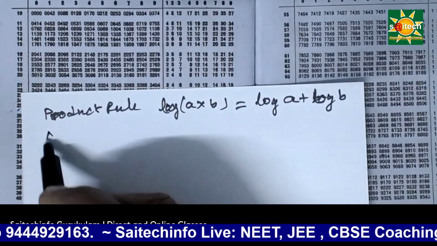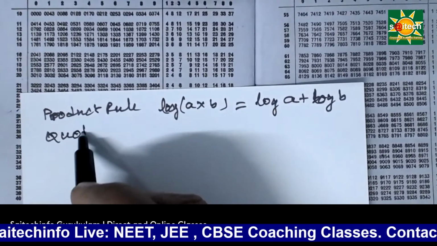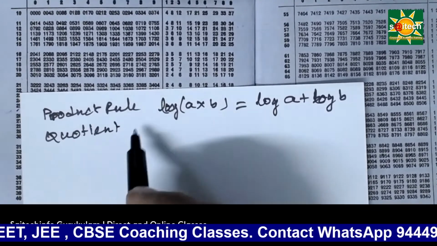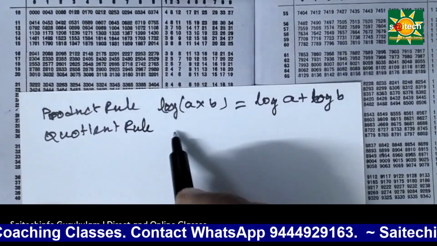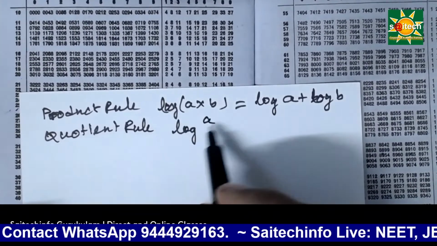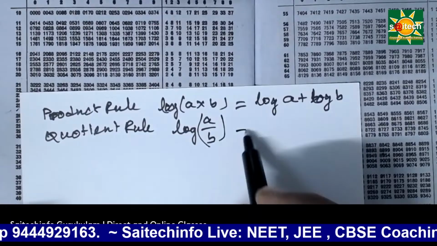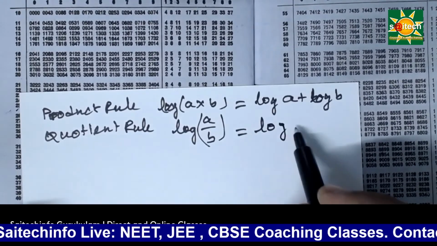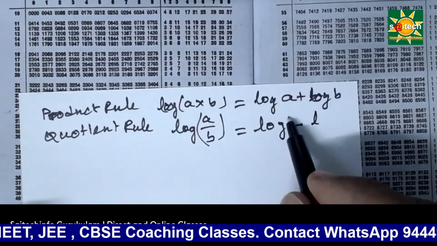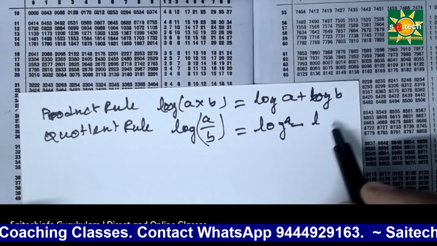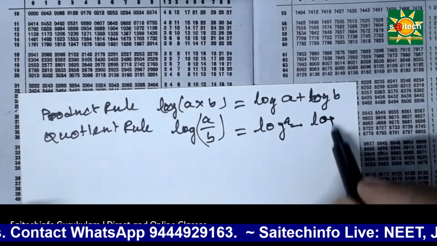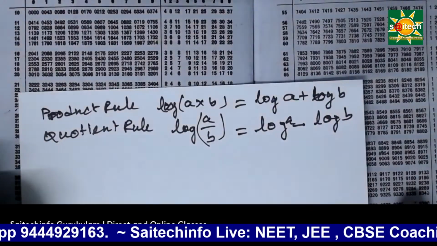Similarly, quotient rule is log of a divided by b is equal to log a minus log b. Do you understand? Based on that we have to proceed.